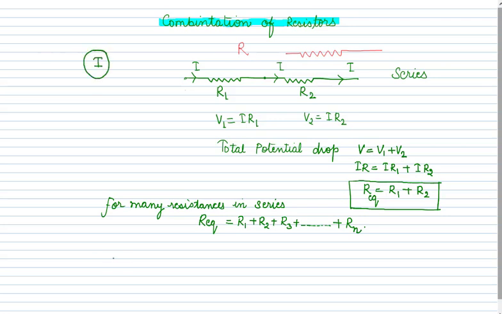Now the second combination we will do is when we attach the two ends of the resistors, and that we call a parallel combination.